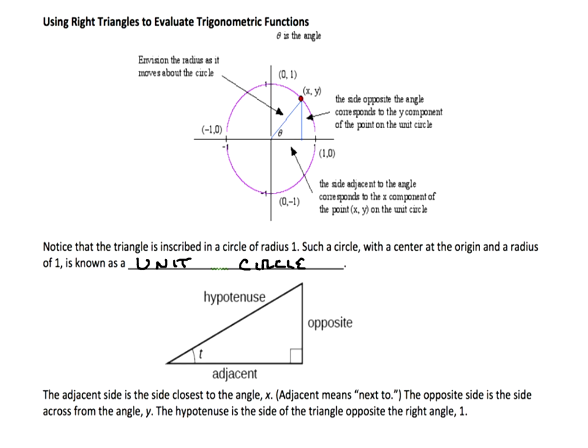But on the surface, the unit circle is simply a circle of radius 1 with the center at the origin. So we use this circle as a basis to start establishing right triangle relationships.